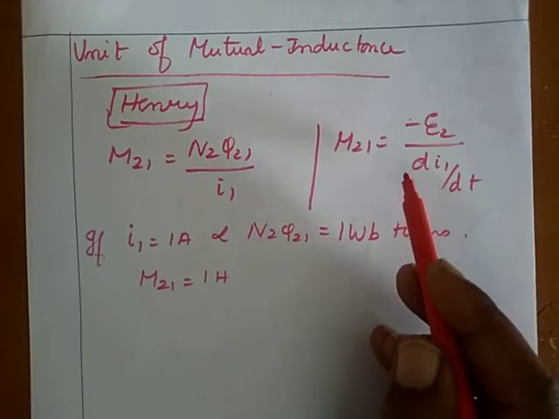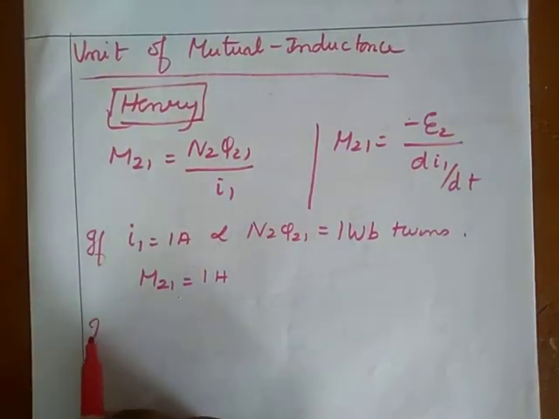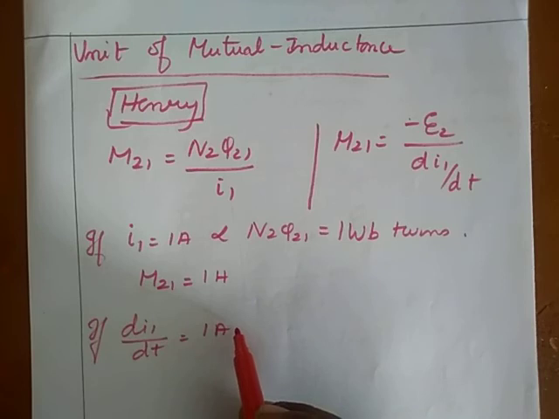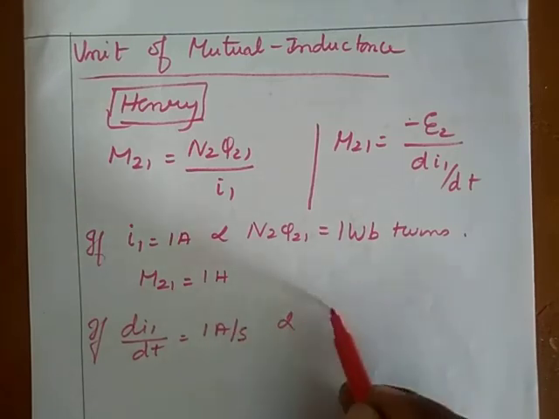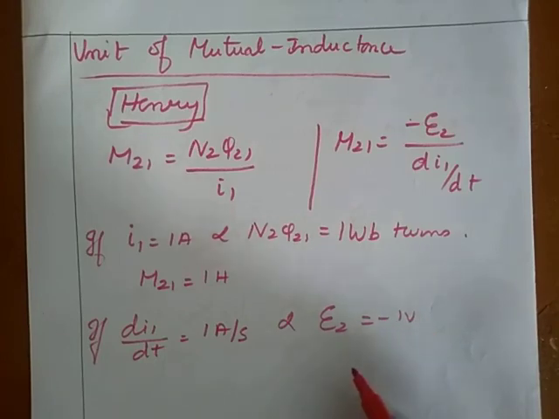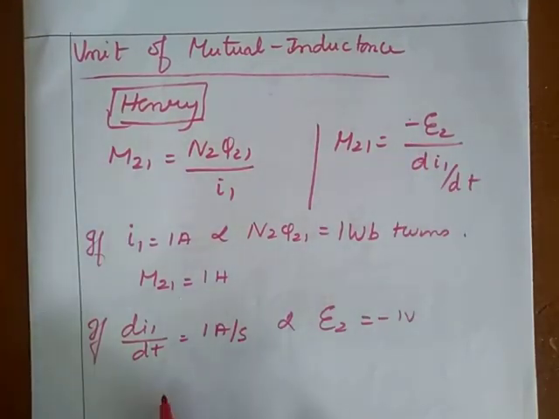Then next, suppose for this equation I consider di1 by dt is equal to 1 ampere per second and psi 2 is equal to minus 1 volt. Okay, psi 2 is equal to minus 1 volt. So this equation became M21 is equal to 1 Henry.